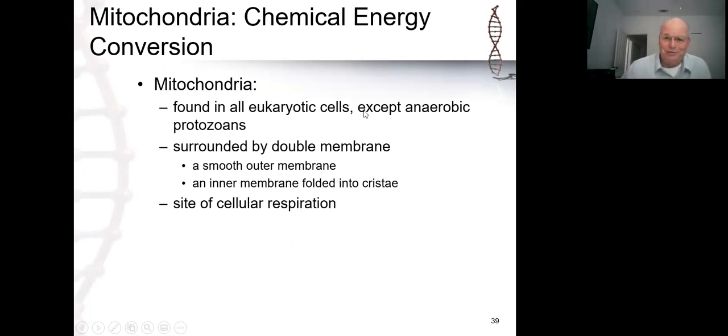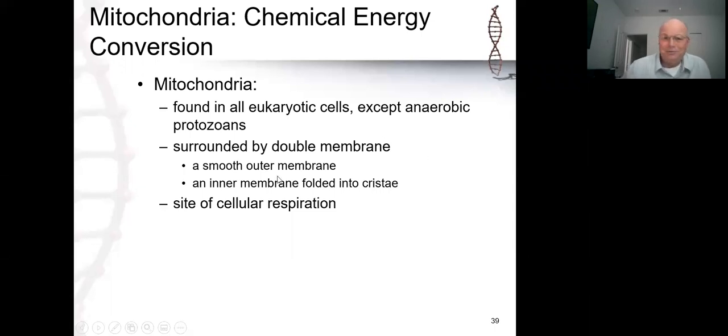But even those protists have remnants of mitochondria, and there are genetic sequences related to mitochondria in the nuclear DNA, indicating that while these protists no longer have functional mitochondria, and the reason why they don't is because they're parasites, so they don't need them, at one point in the past, the ancestral cells to these organisms did have mitochondria, because the evidence is there in the form of the genetic sequences. Those genetic sequences wouldn't be there if they didn't have functional mitochondria. They just discarded them because they don't need them anymore.